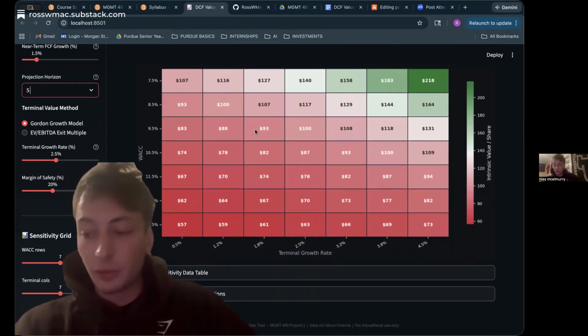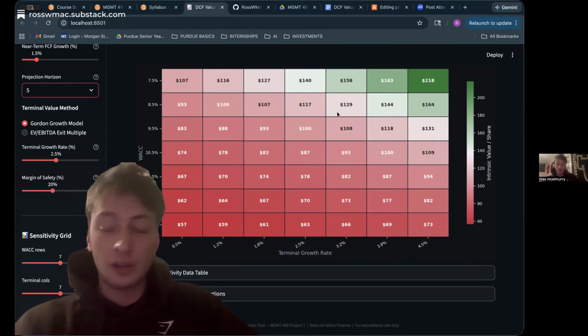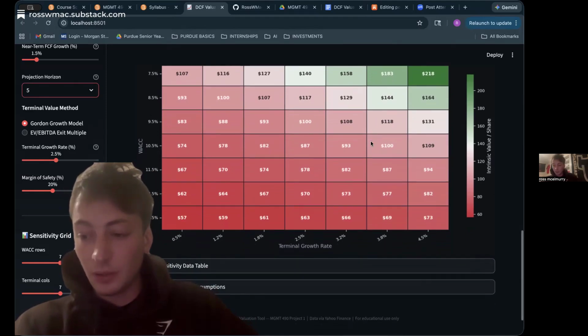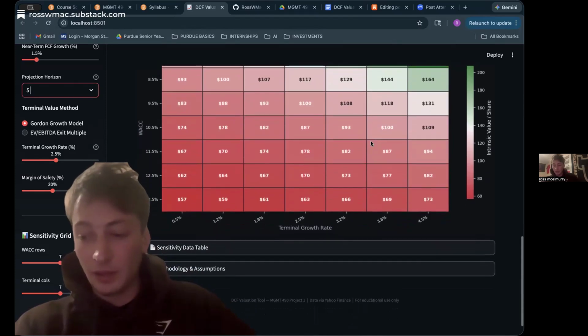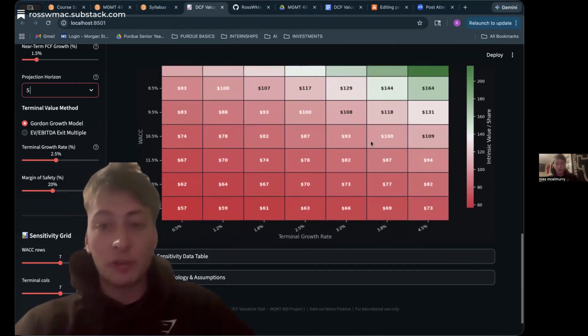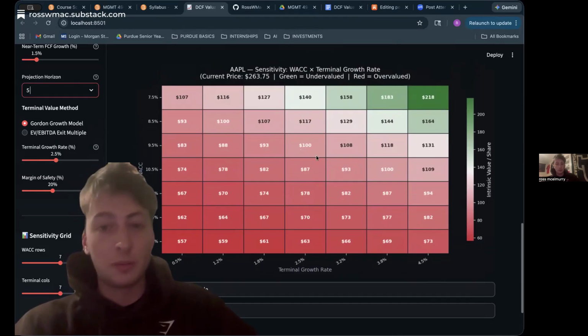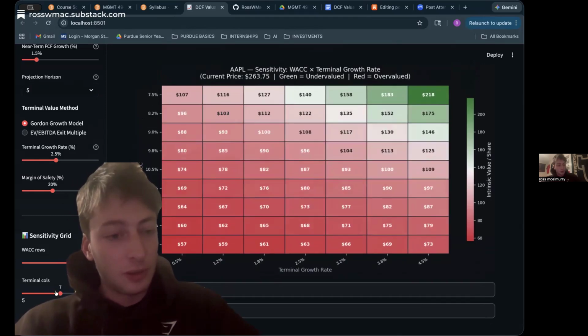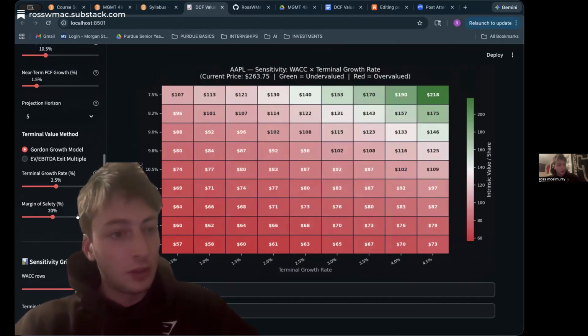So what we're going to be looking for is if the majority of the grid is green, you have high conviction, and if the majority is red, it'd be the opposite. And your job is to assess which region is the most realistic based on the dominance that we see here. You're also able to increase these amounts down here.